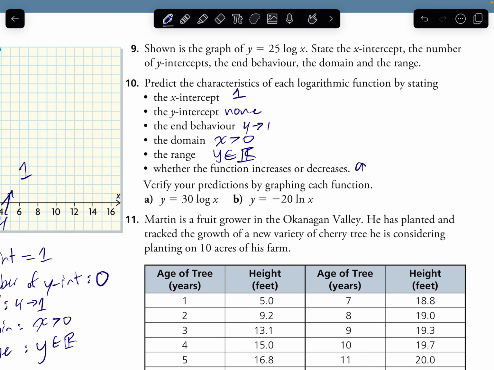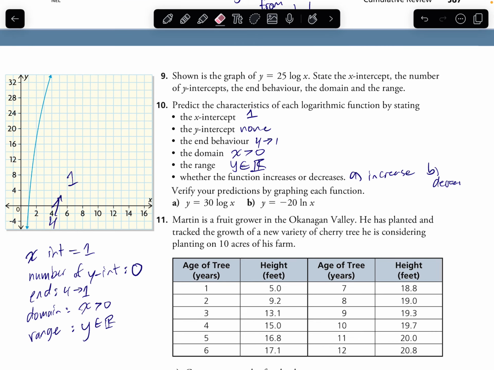For A, increase, and B, decrease. And that's just based on that sign at the front. This is a plus sign, and that's a minus sign. I'm not going to graph them because we're running out of time, but you can graph them if you want to see, and those answers will be correct. Oh, wait, shoot.